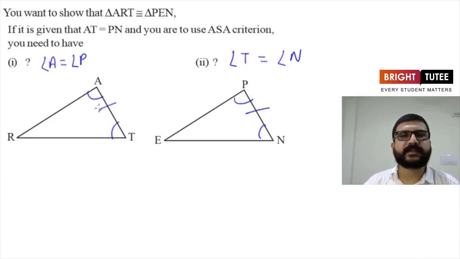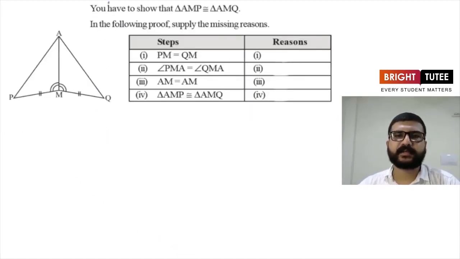Now it means we can use ASA criteria to show that these two triangles are congruent. So the things we need are angle A should be equal to angle P and angle T should be equal to angle N.